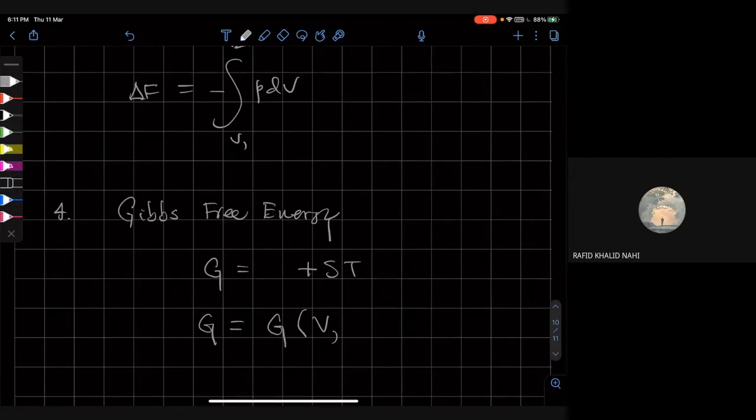Gibbs is given by H minus TS. Sorry. Good thing I checked. Gibbs is given by H minus TS. Okay.